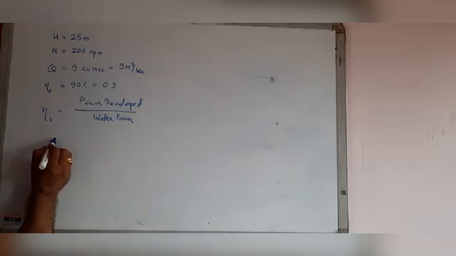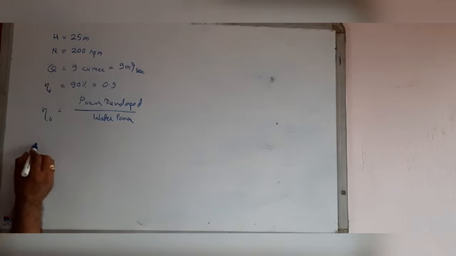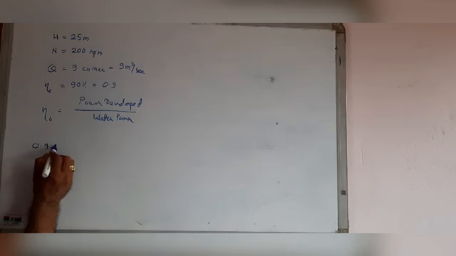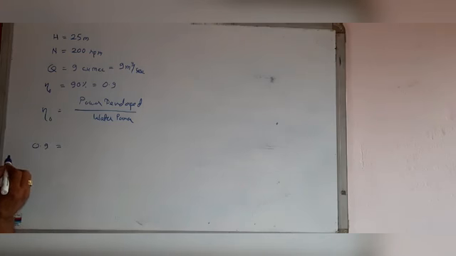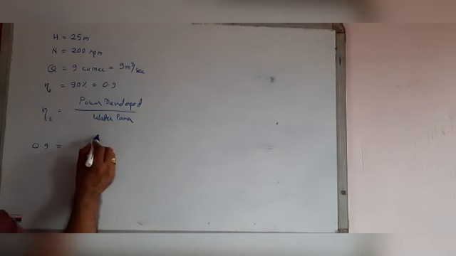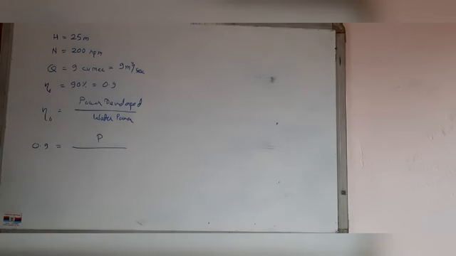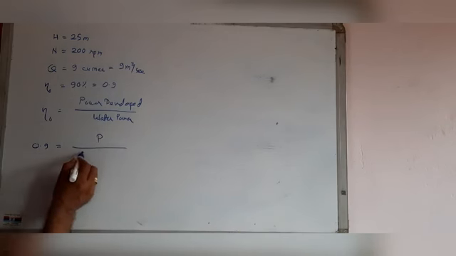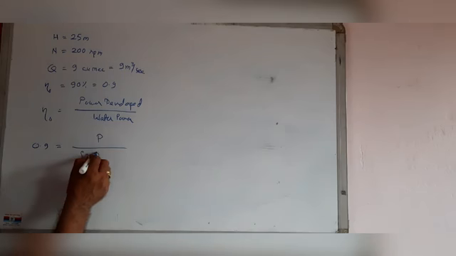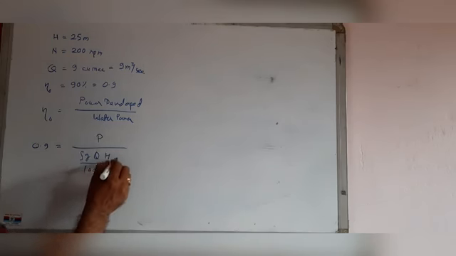So here this is 0.9, power developed we have to calculate. This is P by rho g Q H by 1000.